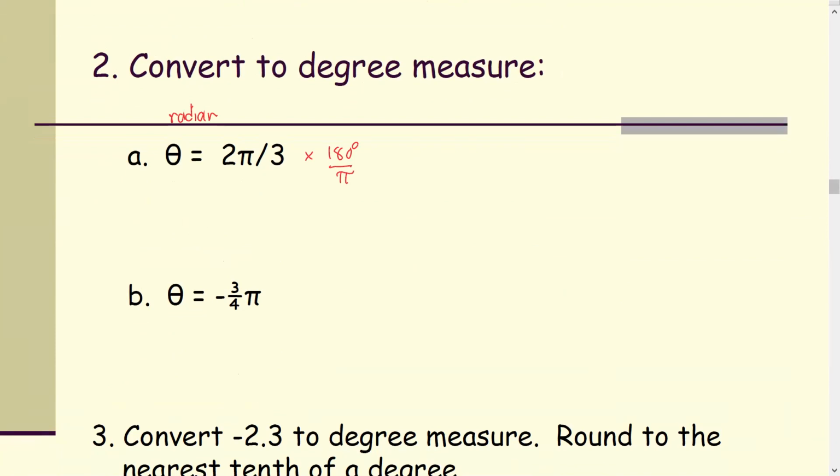So you can see the degree symbol appears in the conversion. This will become 2 pi over 3 multiplied by 180 degrees over pi. Pi and pi simplify, 3 and 180 become 60. So 60 times 2 becomes 120 degrees.